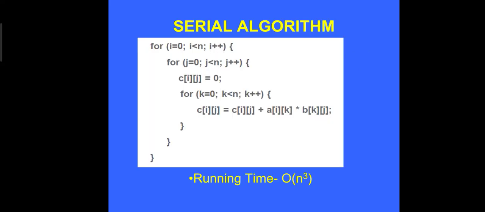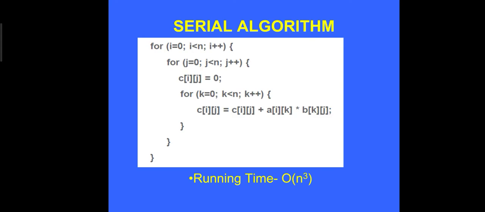The normal serial algorithm for matrix multiplication has outer loops I and J, which represent the values of A and B, and the inner loop does the multiplication operations.